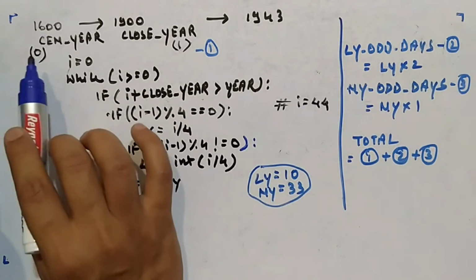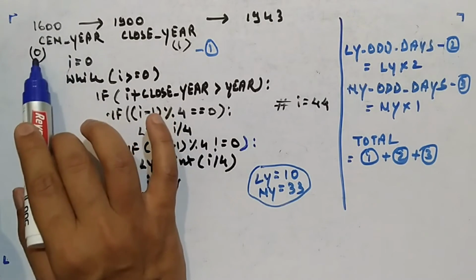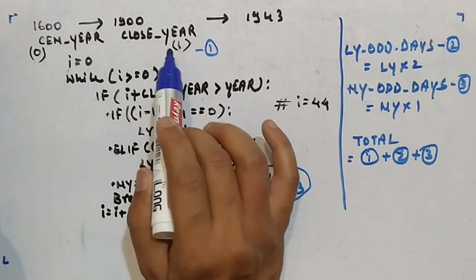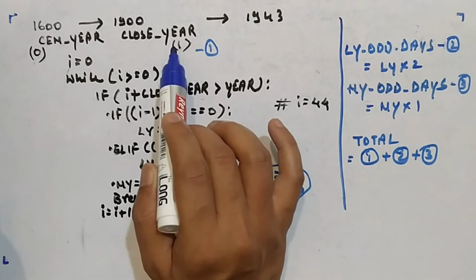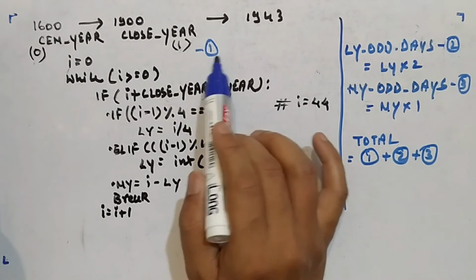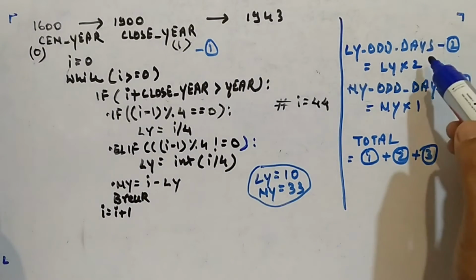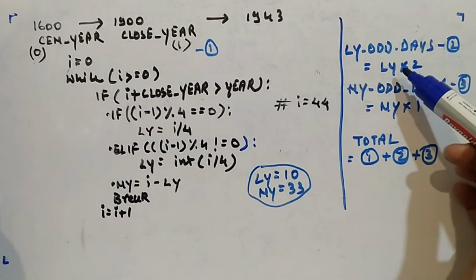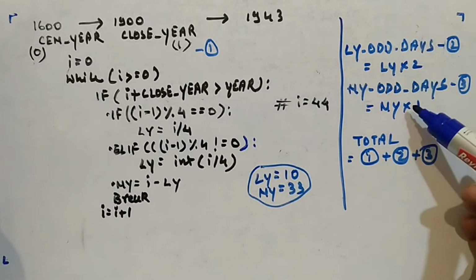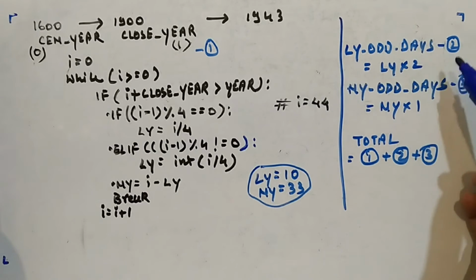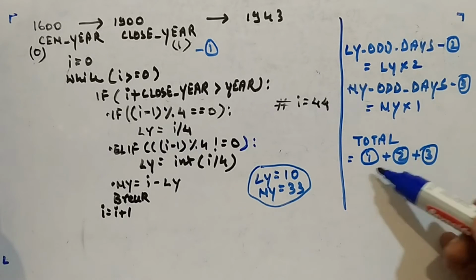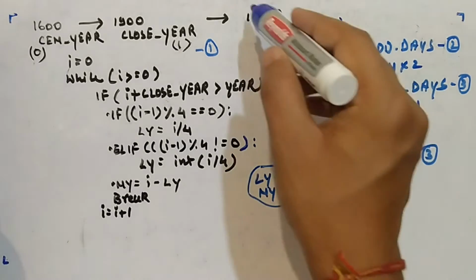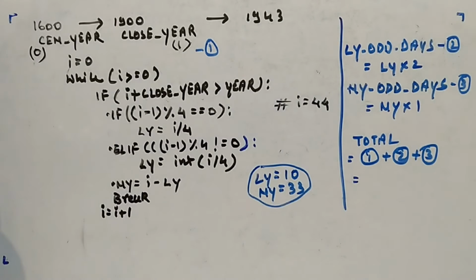First we calculated the closest century year, which provides 0 odd days. Then we went to the closest year, which provides some number of odd days, which I am calling the first. Then by the third process, we were able to calculate the leap year and normal year odd days. That is 2 and 3. The total of 1, 2 and 3 will be the number of odd days for 1943.